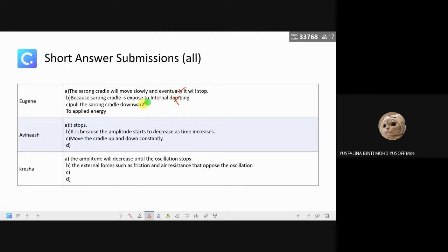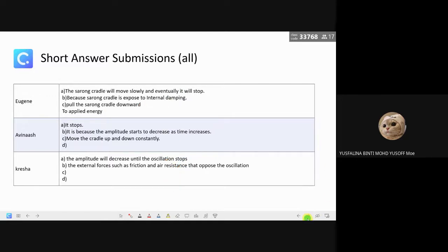No, no. This one you mean you give a force to it, right? To apply a force, not to apply the energy. Stop. No, move the cradle up and down. So this one is also false. Okay, the amplitude will decrease. That's a yes.